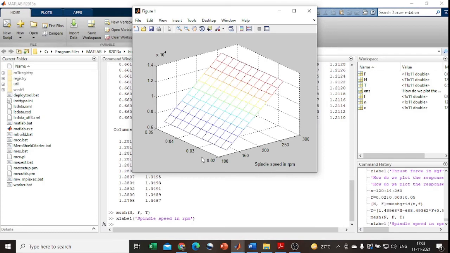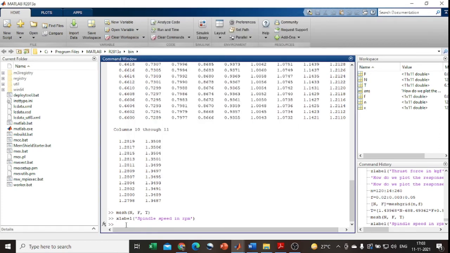What about the y-axis? There is no label available. For that reason, we go to the command window. Here also ylabel, quote, feed rate in mm per revolution, and then close the quote.